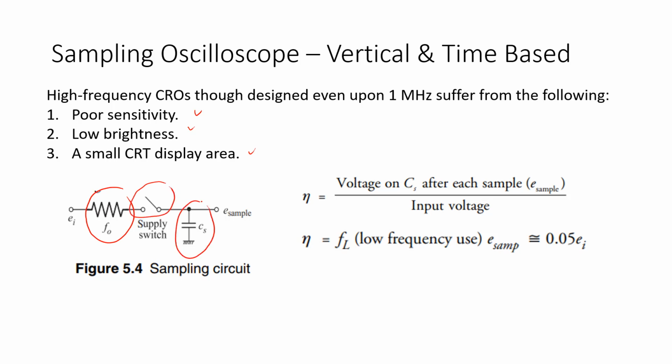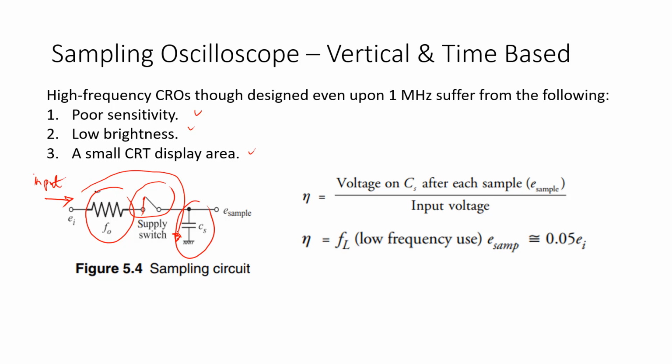this is the capacitor. The capacitor is very useful here for the sampling, because the input signal is coming from here, and the input will be sampled in this circuit. If we turn on the switch, the input signal will be stored in the capacitor, the CS capacitor here.